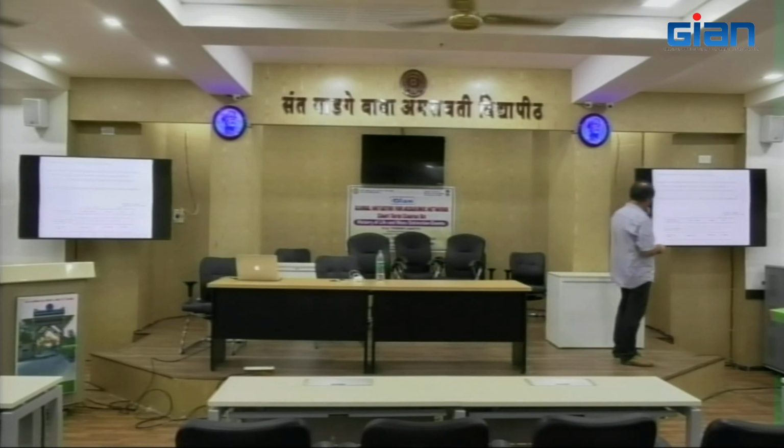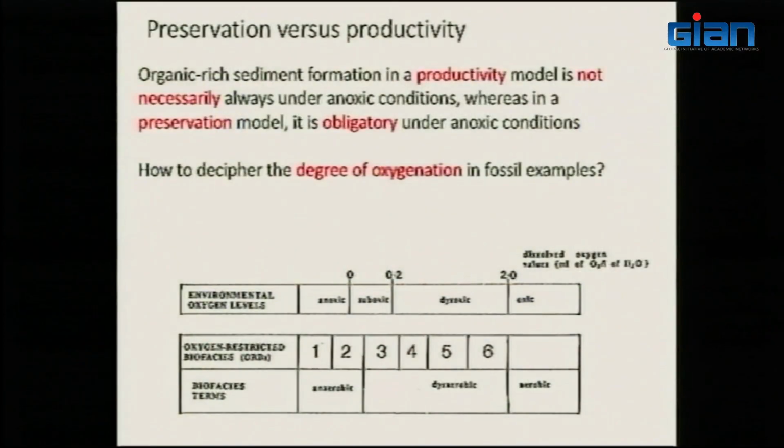Here, generally, it's clear that you form organic-rich sediments when you have high production, okay? But it's not necessary to always have anoxic conditions. Whereas in a preservation model, like the Black Sea model, it's an obligation to have anoxic conditions in order to get organic matter.